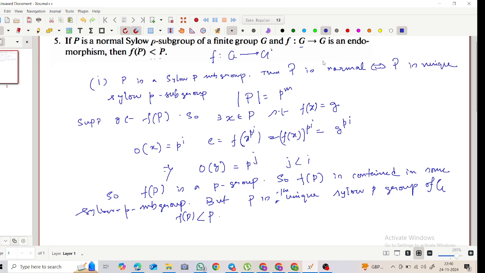But I am not really sure where did we use the fact that f is an endomorphism. That is one thing which is stuck in my mind. I mean, where did we use the fact that f is an endomorphism?